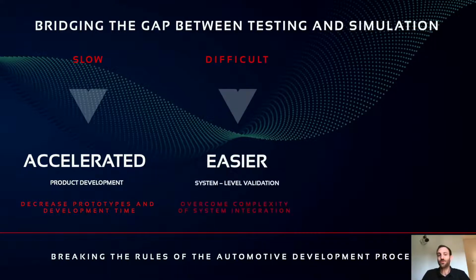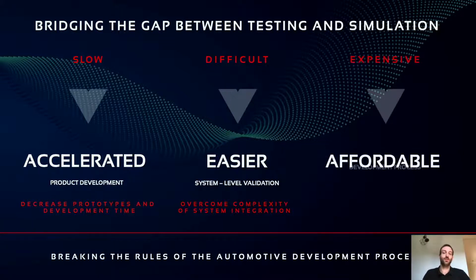From a difficult process, you go to easier system-level validation, because all the systems you have designed and modeled can be tested right away in the driving simulator. And finally, from expensive to an affordable development process, because you can test far earlier if your product will work as intended, and change it on the fly in the same day through a collaborative process between engineers and drivers.